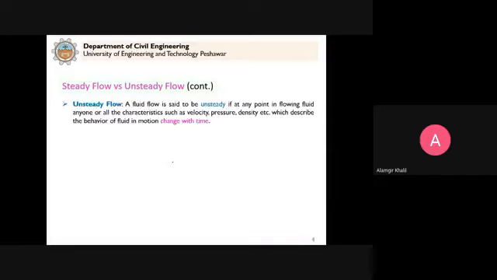Next we take the unsteady flow. A flow is said to be unsteady if at any point in flowing fluid, any one or all the characteristics such as velocity, pressure, density, etc., which describe the behavior of fluid in motion, change with time.